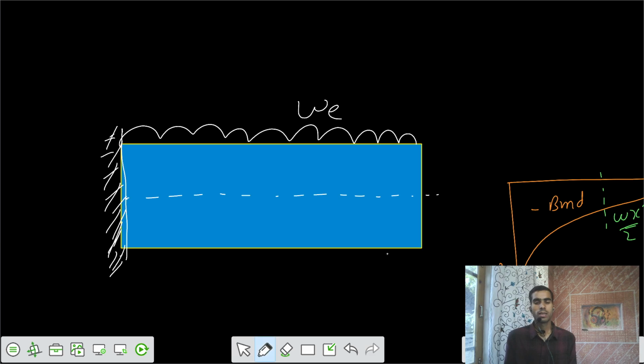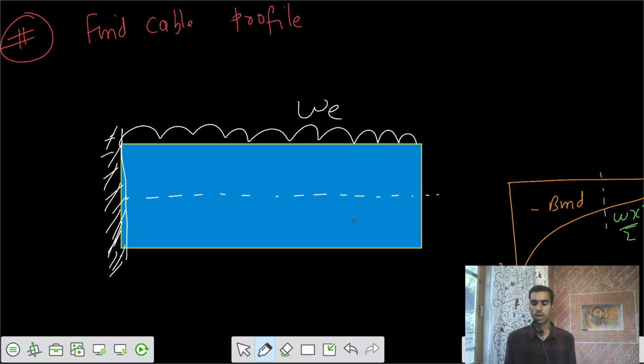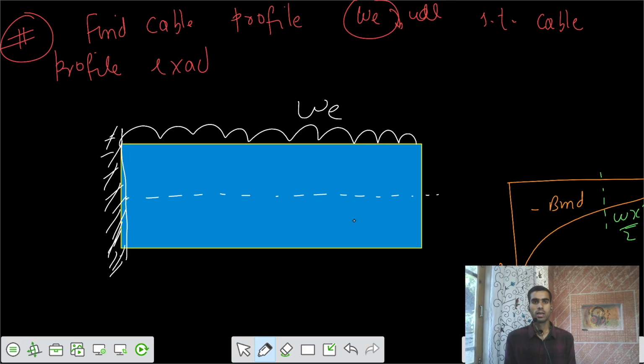Now the problem says we need to find the cable profile of the cantilever beam for this UDL of W, such that the cable profile exactly balances the external loading.